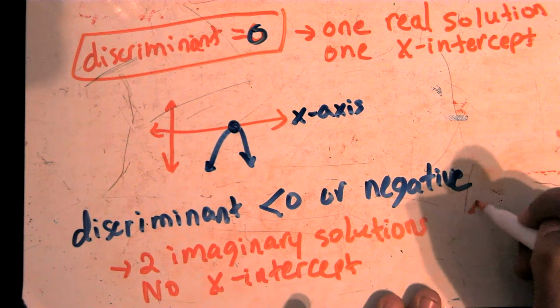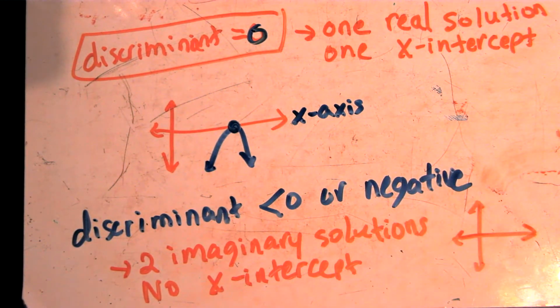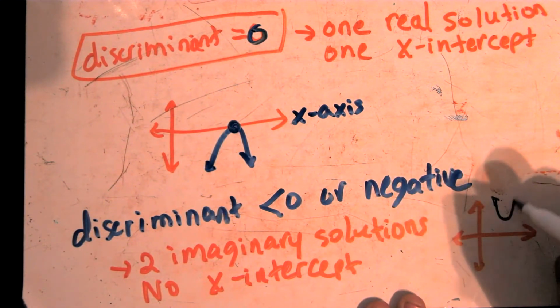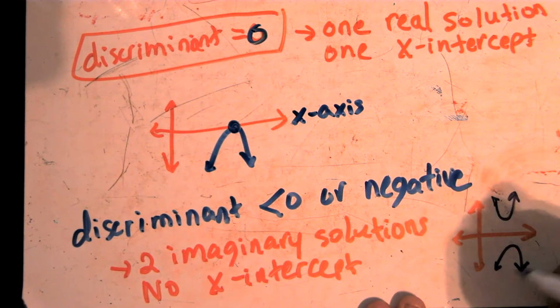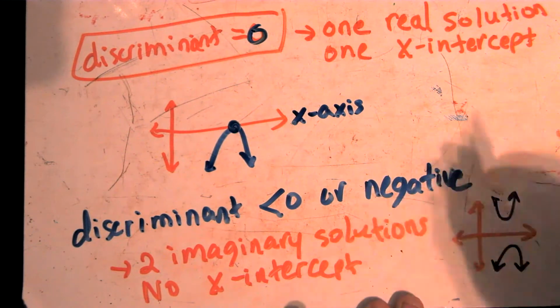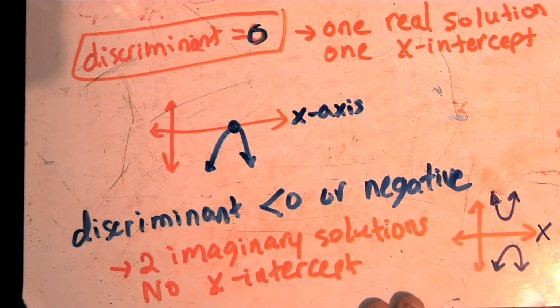So you can imagine a parabola, a quadratic function, floating in the air like this or like this, where it will never ever touch the x-axis.